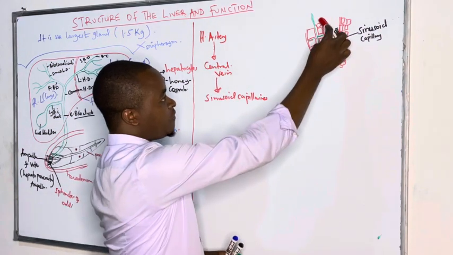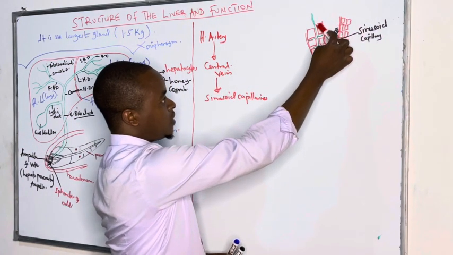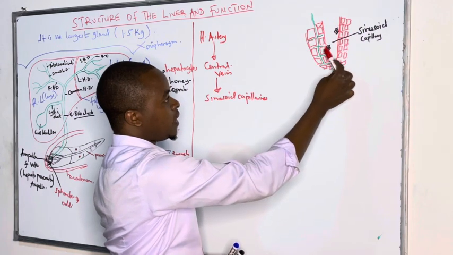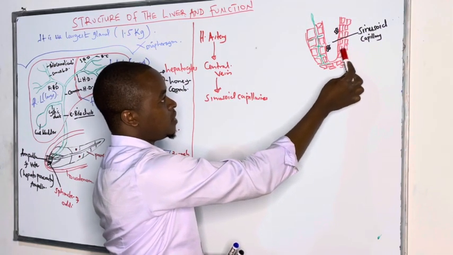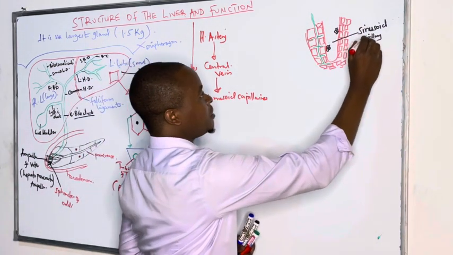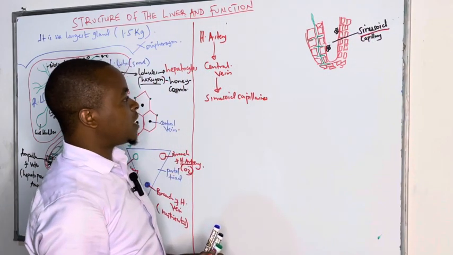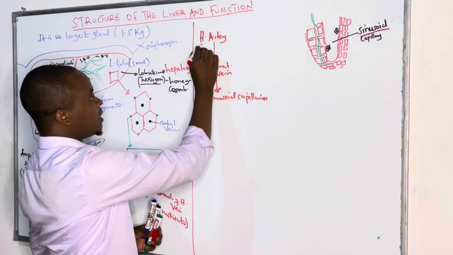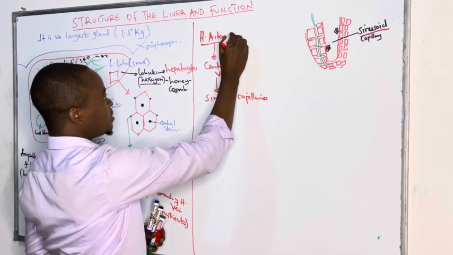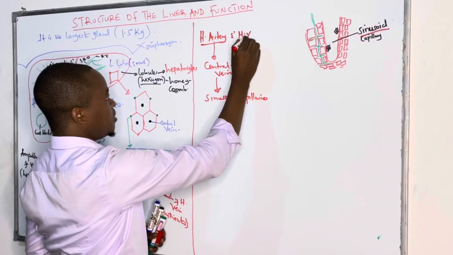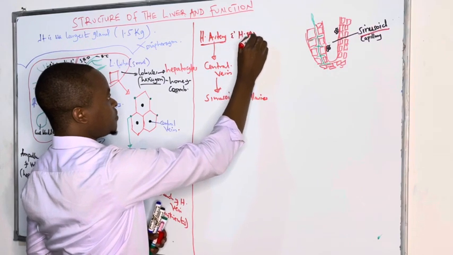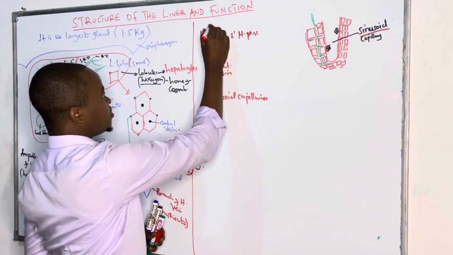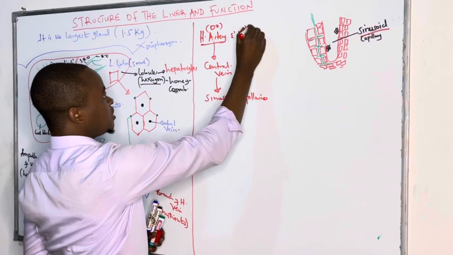Then the capillary that is separating the two hepatic plates is what we are calling the sinusoid capillary. And this sinusoid capillary is a continuation of the hepatic artery and hepatic portal vein. And we said this one is bringing oxygen, this one is bringing nutrients.